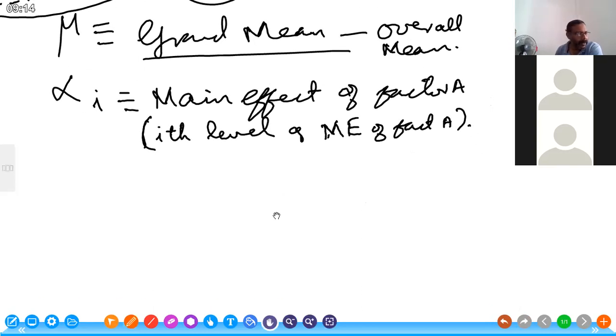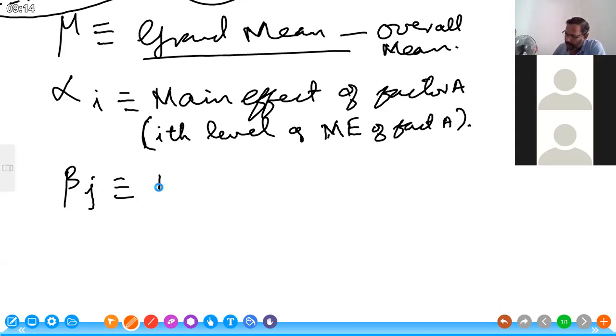Right. What about this one? Now tell me, somebody, how we can write that. Anyone? Jth level of main effect of factor B. Right.